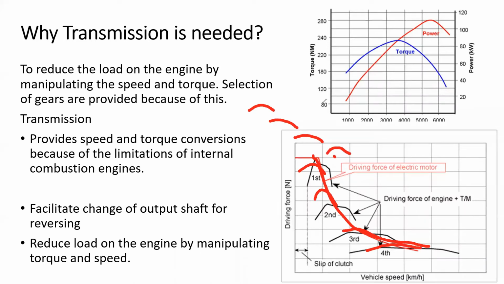If we change these steps like that and match these, then we have a similar curve. This is an exaggerated view, but a similar curve is there. So that's why the transmission is used: to generate the tractive effort necessary for the vehicle to move. You can't just say speed changes.